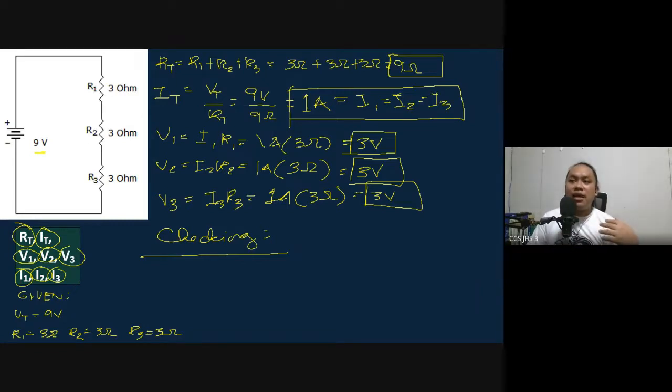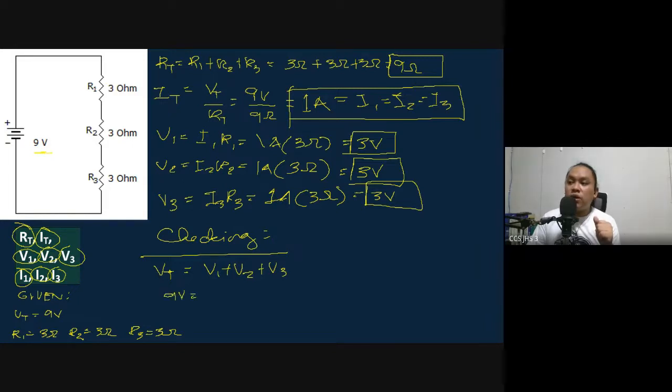So this time, let's use total voltage. Looking at here, we have not yet used the formula from the series circuit. In a series circuit, to get the value of total voltage, all you need to do is add the values of your individual voltages. So substitute: total voltage is equal to 9 volts.